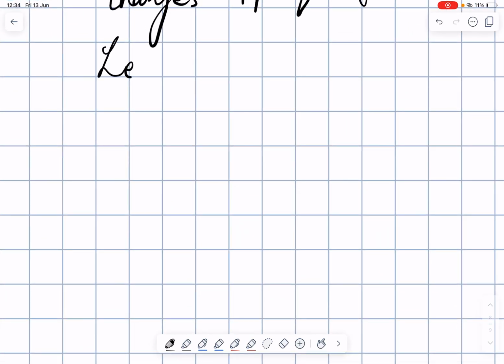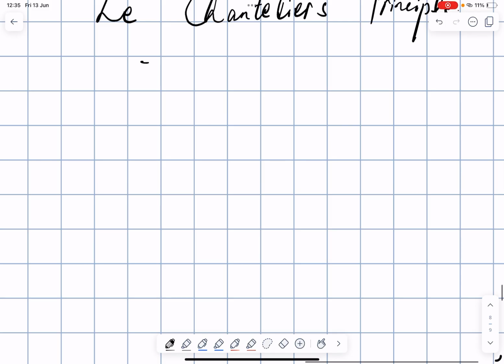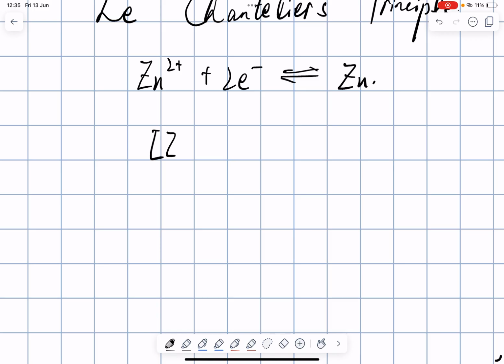First, recall Le Chatelier's principle. For example, we also have this formula as our example. If the concentration of zinc 2 plus increases, the reaction has a tendency to move more forward, because it shows more tendency to produce more zinc to use up the excess zinc 2 plus.